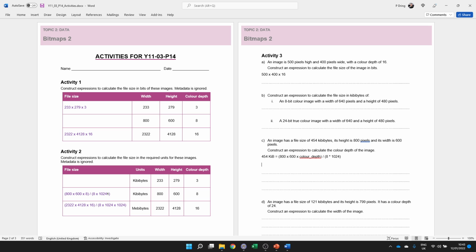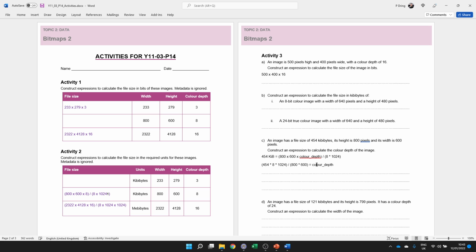A bit of maths involved here. So 454 multiplied by 8 multiplied by 1024. So that's multiplying out these bits. All of that divided by 800 times 600 will give you the color depth.